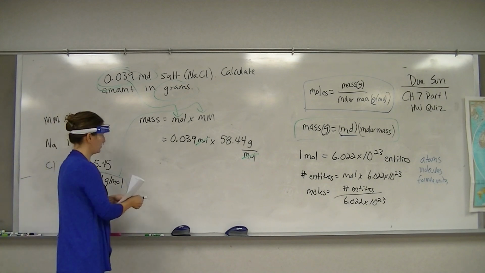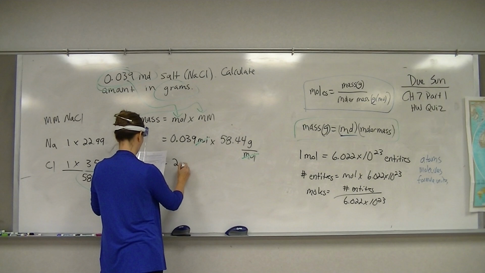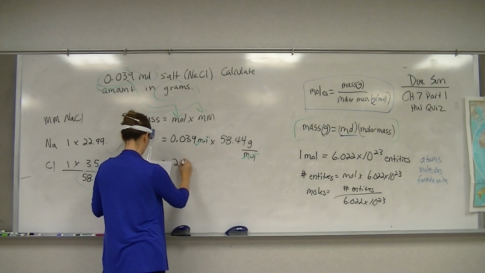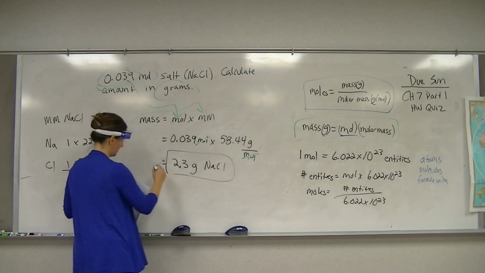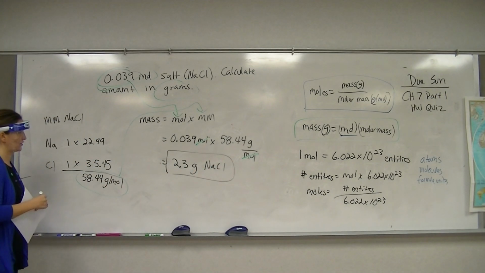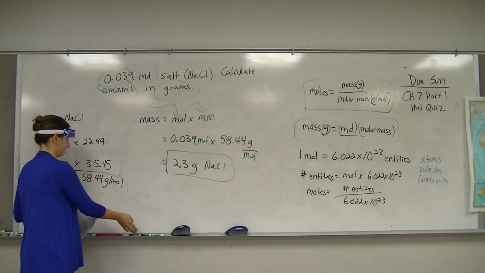So multiplying that out, we get 2.3 grams in this case of sodium chloride. So you shouldn't have, according to the American Heart Association, more than 2.3 grams of salt per day.